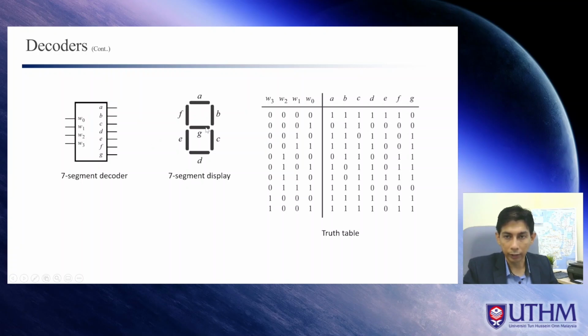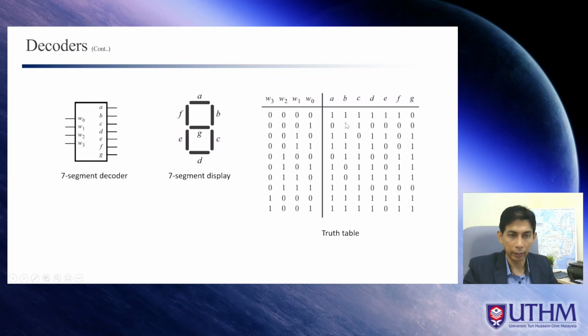So if it is number 0, for example, we need to turn on A, B, C, D, E, F, right? And G should be off. So the relation with the input should be like this. If 0, yeah, 0. So this should be 1 to indicate that this LED is on. A is on, B is 1 until F, and G is 0. So that is number 0. What if the number is 1? 1 means that B and C should be on.